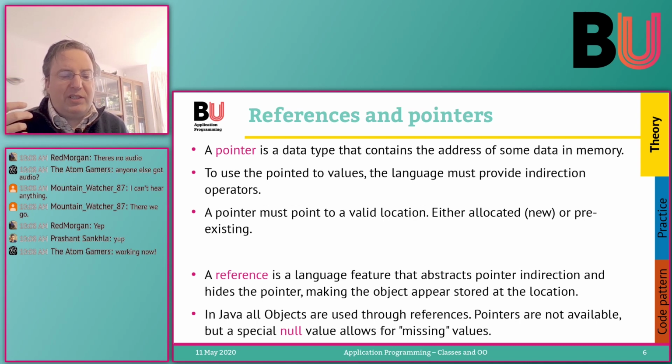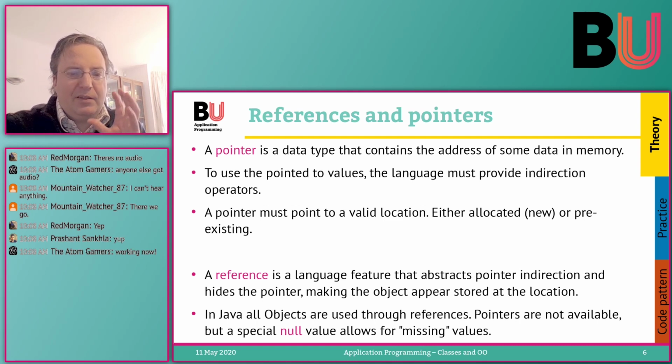So a reference is that, and then null is a special value that effectively cheats a little bit on the definition, because if you compare with null, you are comparing with the pointer value rather than anything else. But because null is only useful in that context, it doesn't matter.